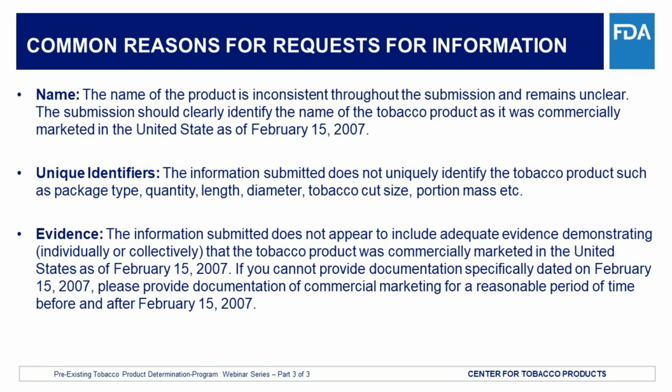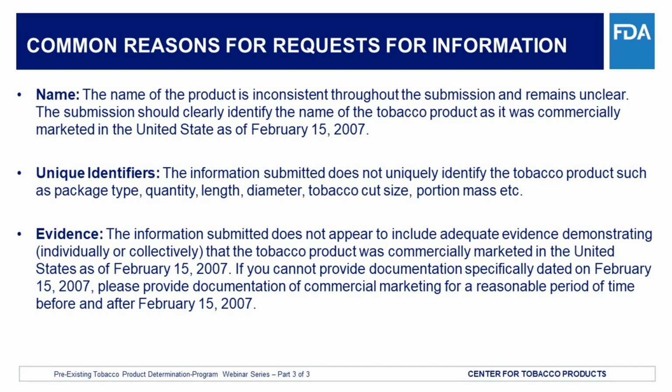Common reasons for requests for information include when a component of the submission is inconsistent or unclear. Submissions should include the full exact name, including brand and sub-brand, of the tobacco product as it was commercially marketed in the United States on February 15, 2007, even if the product name has changed since then. Inconsistent naming may result in an RFI.